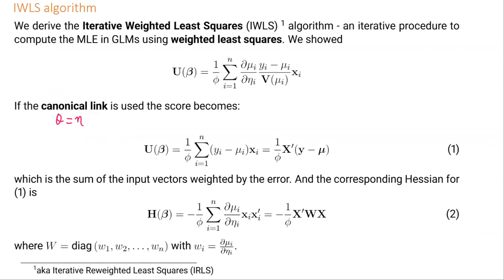Okay. So the first slide is the iterative weighted least squares, otherwise known as iterative reweighted least squares. We showed last time that the score vector can be written like such. And if the canonical link is used, the canonical link I've written here in pink, the score can be rewritten as the following.